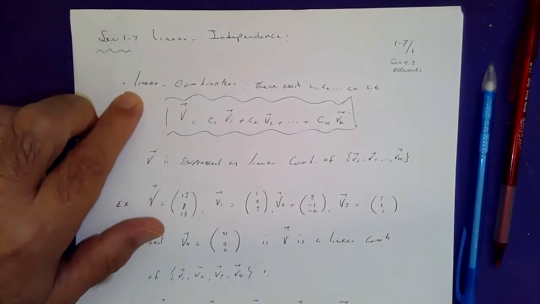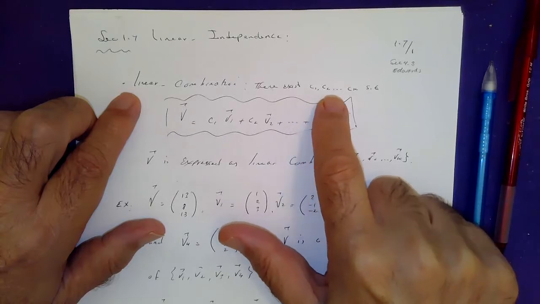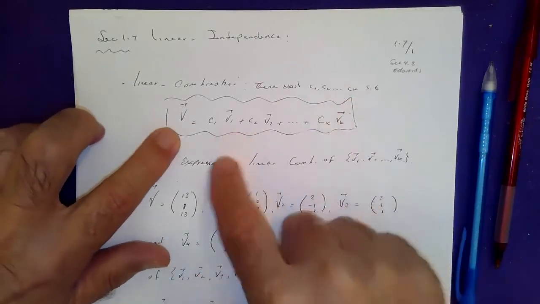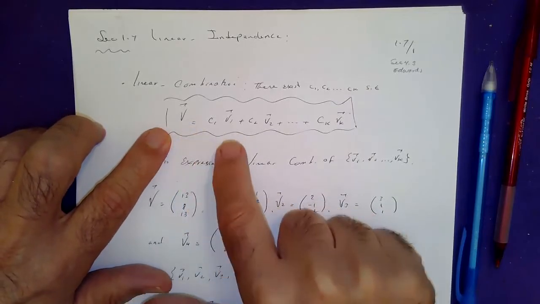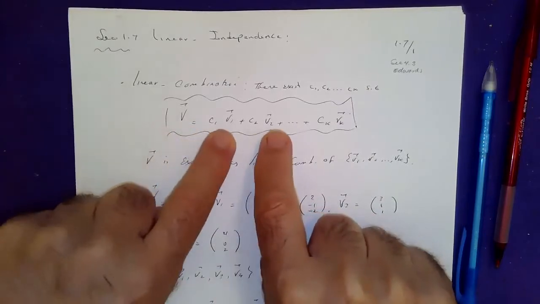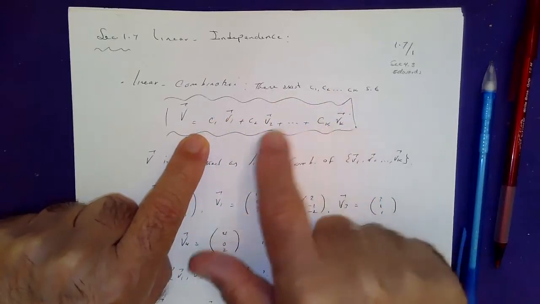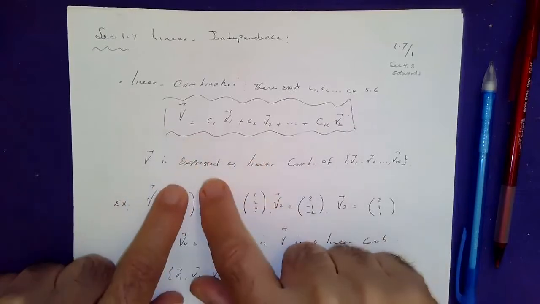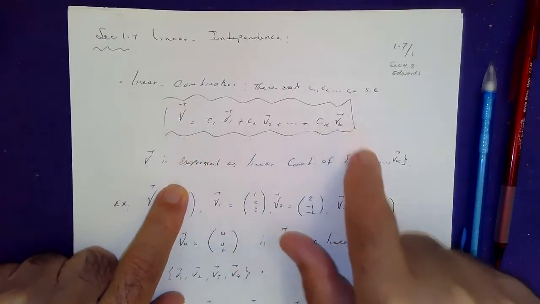What's the definition of linear combination? If there exist constants C1, C2, all the way to Ck, and we are able to express a vector as a sum of scalar multiples of individual vectors like v1 through vk, this format is called a linear combination of v1 through vk.